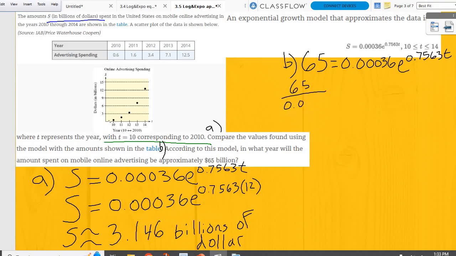And we are going to hold off on plugging this in until the very end, because it is an exponential growth, which means that if you round too early, you're going to get an even bigger rounding error. So we hold off rounding as much as possible. So now, how do I undo my e? Natural log.